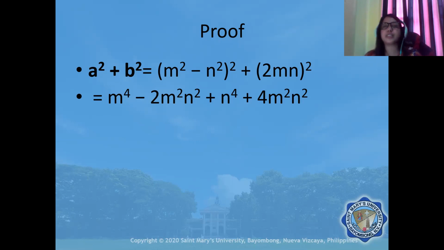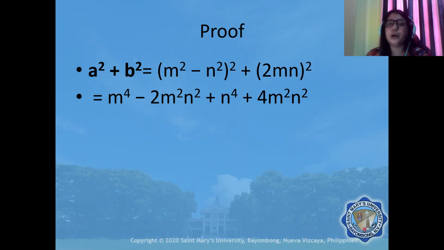If you are still familiar with our rule for the square of a minus b, it is a squared minus 2ab plus b squared. Or you can do the long method by multiplying m squared minus n squared by m squared minus n squared.